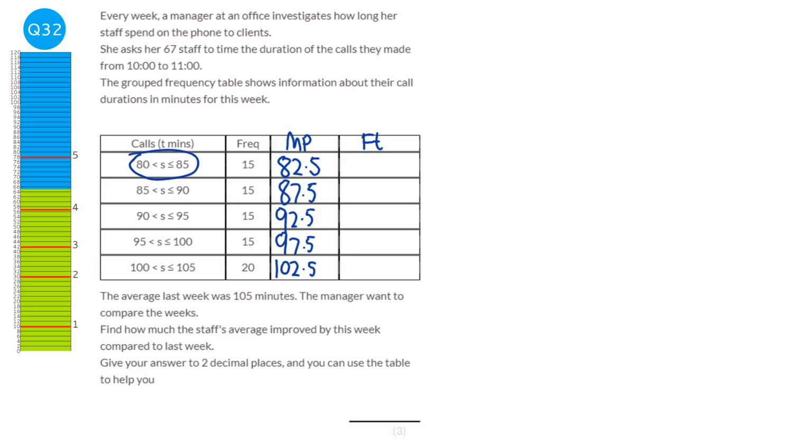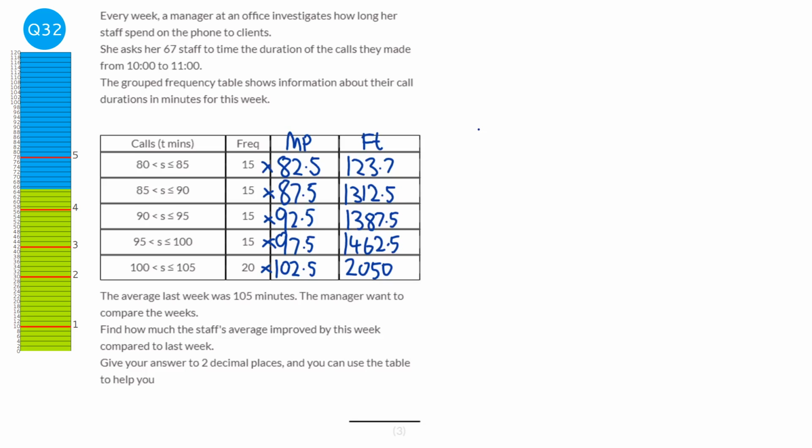Now in this first group we're not timesing it by 80 to 85 or anything like that, we're timesing it by the midpoint, so our midpoint effectively becomes the T. So we're going to do 15 times that, which will be 1237.5, and we're just going to keep going and multiplying each of these together, and then finally 2050.